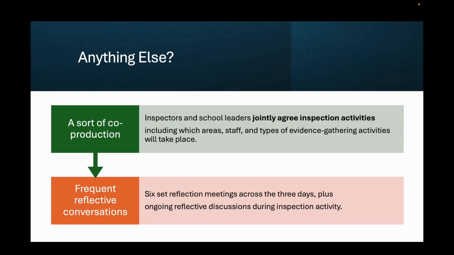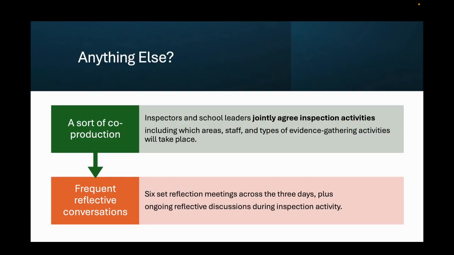We will see when it's implemented, but it says that inspectors and school leaders will jointly agree inspection activities, including which areas, staff, and types of evidence gathering activities will take place.